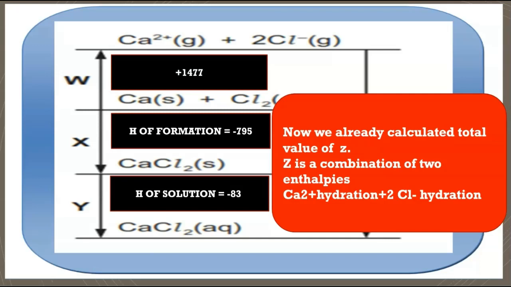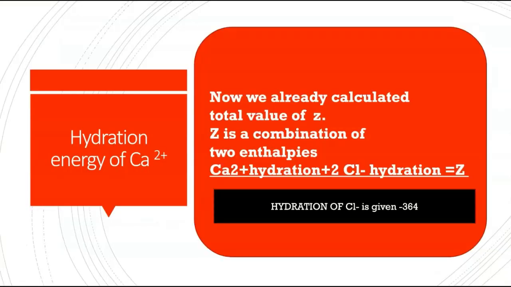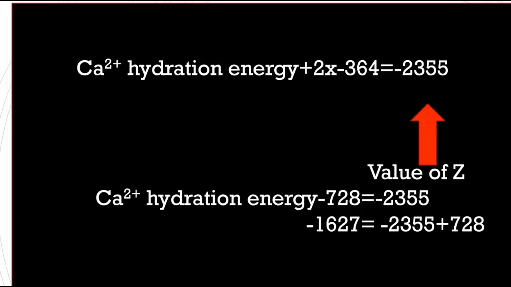So we know the total value because we have already calculated it, and we are also provided with the hydration of chloride ion. See, it is given, it is minus 364. Now how can we calculate? It is very simple.